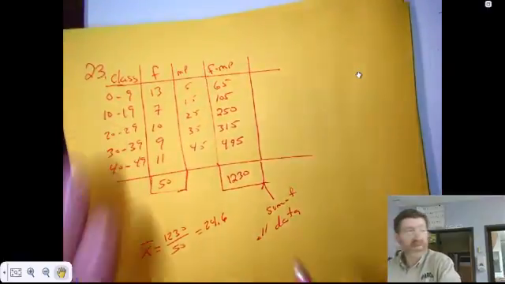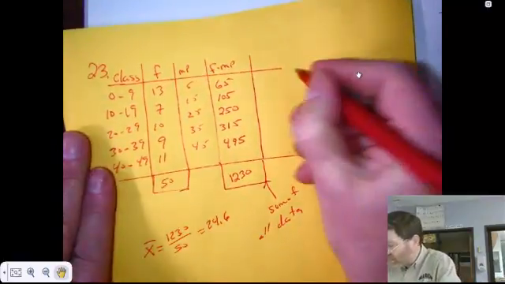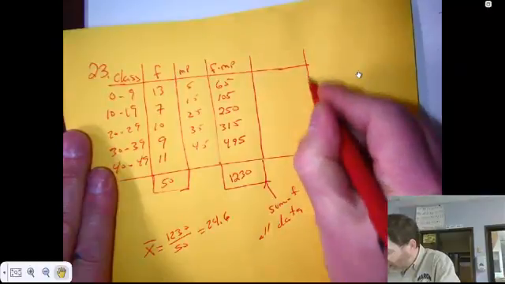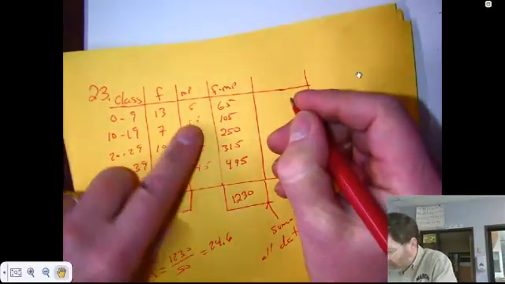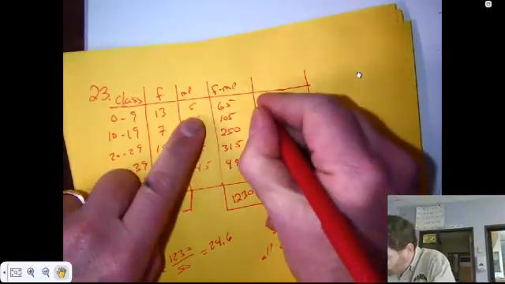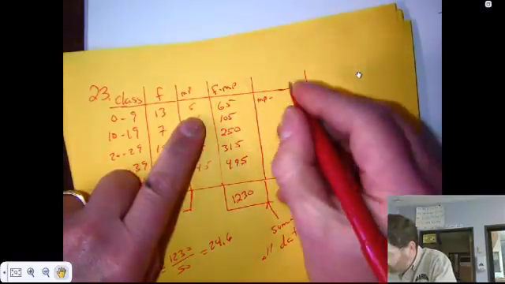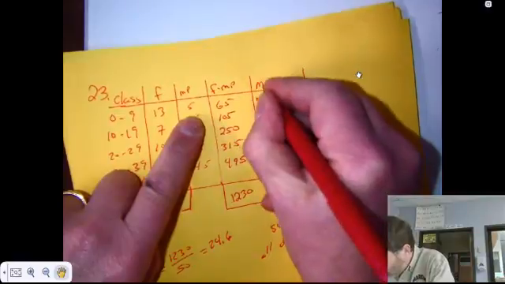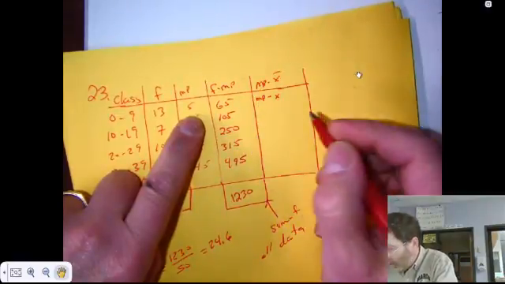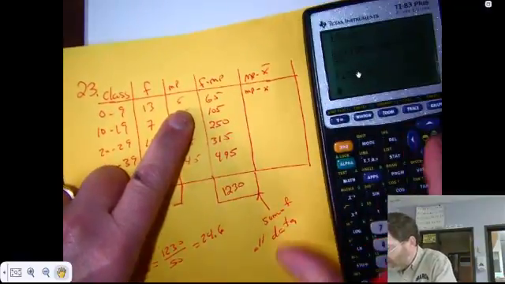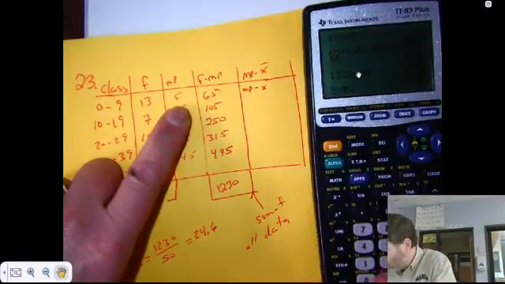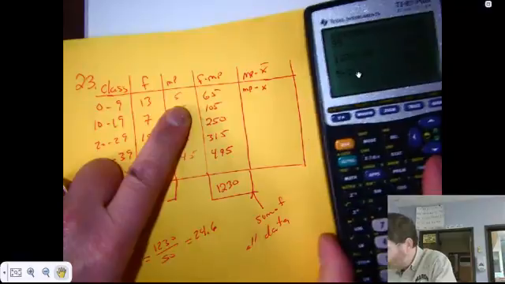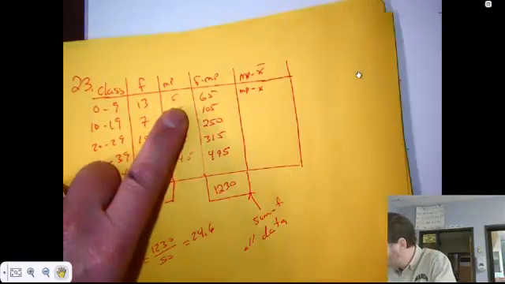So now for the standard deviation, I have to do some more work, because I have to find the difference between the midpoint minus the mean. This one is 5 minus 24.6, and it's negative 19.6.